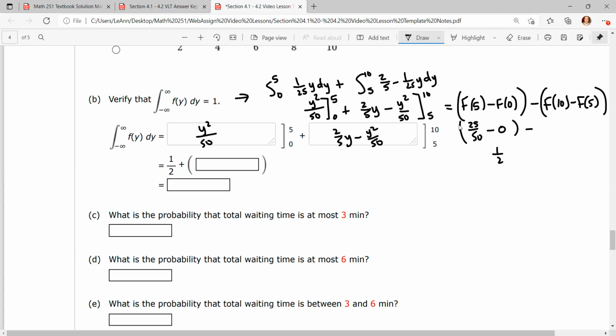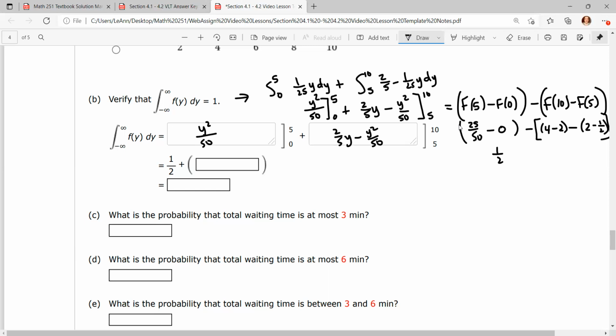And then for the 10, if we plug in 10, we're going to get 4 minus 2 for this first part. We plug in 5, we're going to get 2 minus 1/2. And notice that's 4 minus 2 minus 2. So the 4 minus 2 minus 2 cancels out to 0.